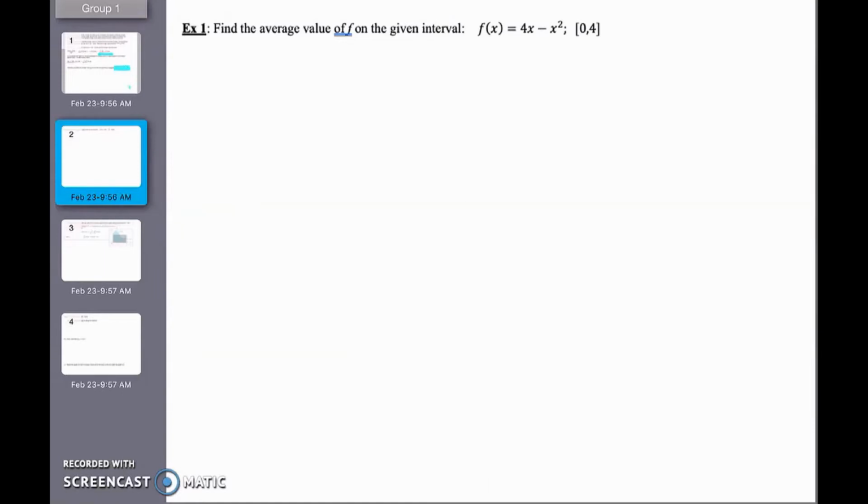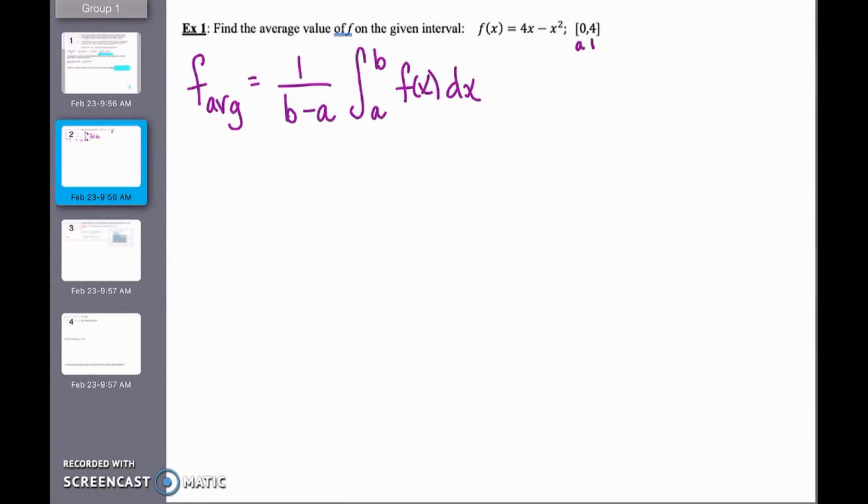So I know that my f average is going to be equal to, I'm just going to write my formula down first, 1 over b minus a times the integral from a to b of my function f of x dx. Okay, well in this case, my a value is 0 and my b value is 4.